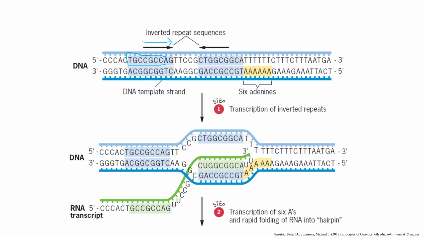In this other shaded region, if I read the sequence in the opposite direction in the lower template strand, it's the same: T, G, C, C, G, double C. So this time I have read it in this direction. So the sequence is the same, but it's inverted, and that's why it's called an inverted repeat. So it's in the opposite direction. This shaded region we read this way, and this shaded region we read this way.